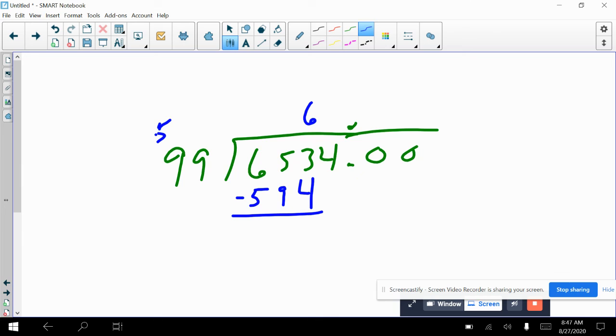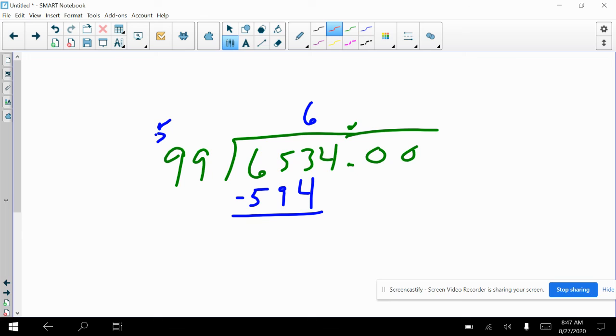to get 59. Uh-oh. What'd you practice last night? Subtracting. Can you take 4 away from 3? No. So we got to borrow in the division problem.